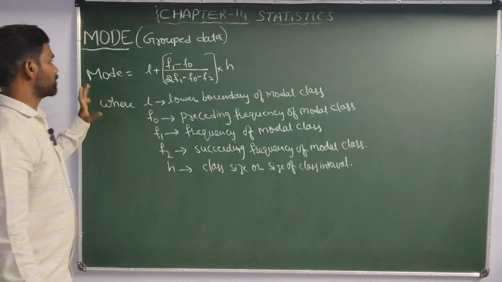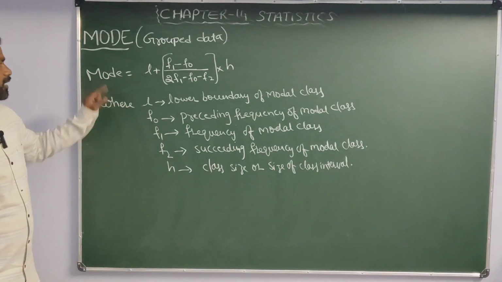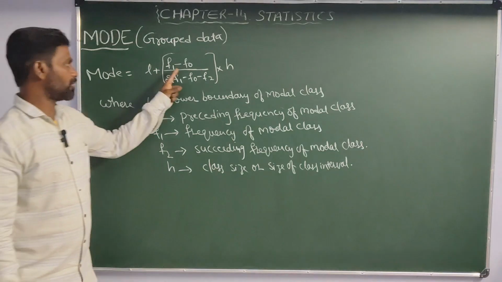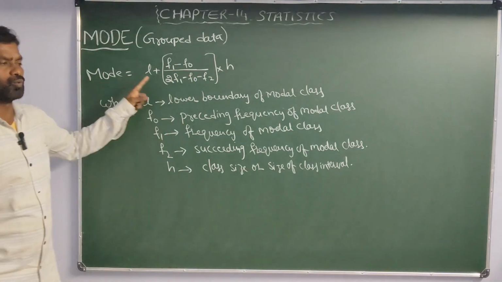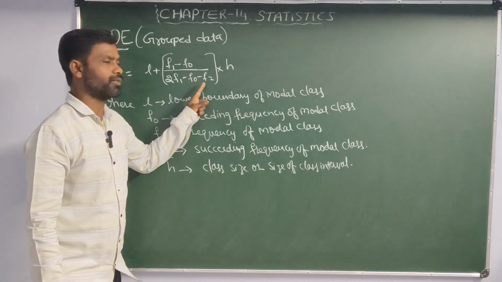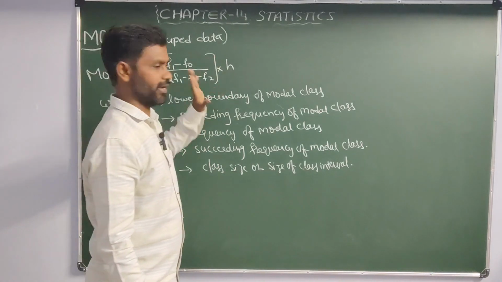So the mode formula for grouped data is L plus (F1 minus F naught) by (2 F1 minus F naught minus F2) into H.